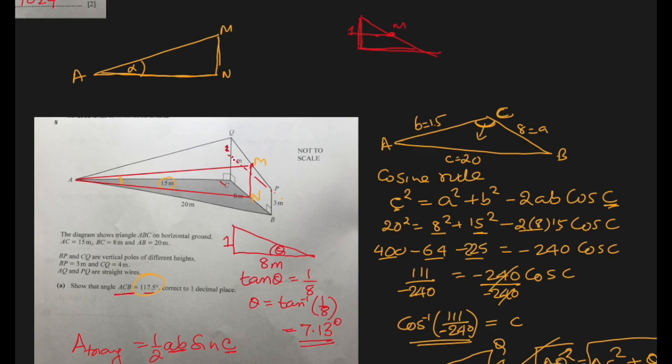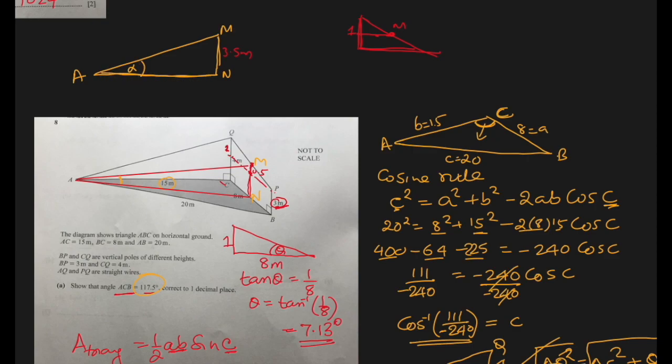That means the height of this M from this particular point, which is 3 meters above the ground, will be half of 1, which is 0.5. That means Mn becomes 3 plus 0.5, which is 3.5 meters. Next thing is that we need to find An.